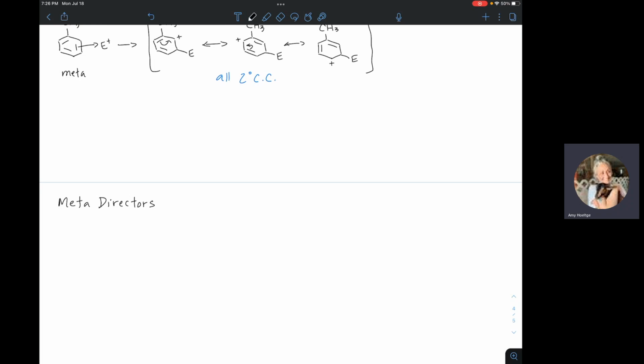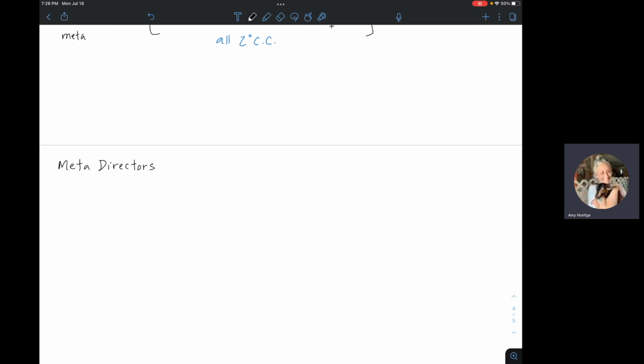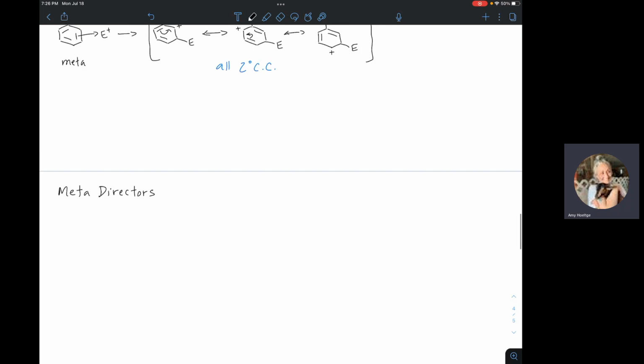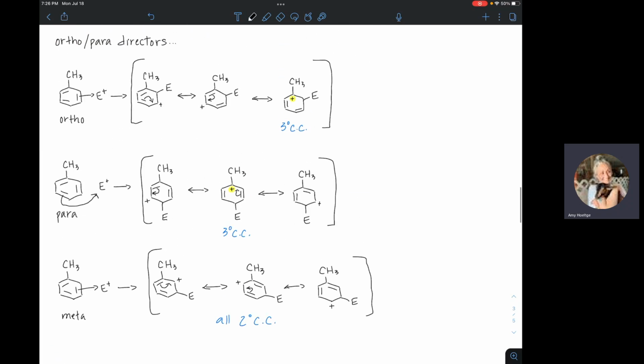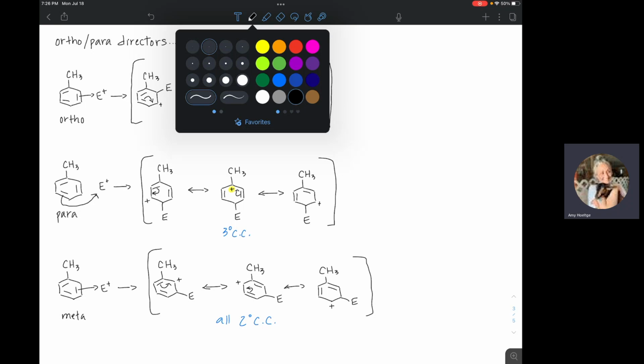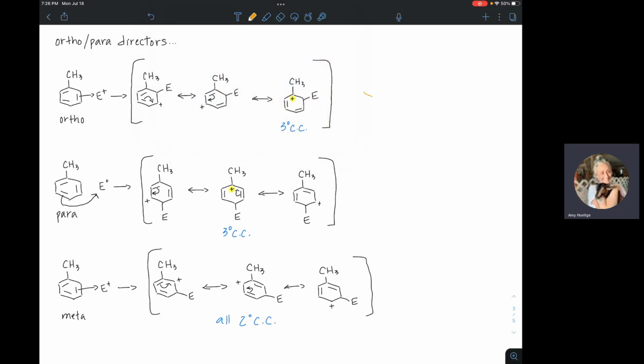So if I have an electron withdrawing group on the ring instead, I'm primarily going to direct the incoming electrophile to the meta position. So with an electron releasing group, these are going to be the positions that we direct to.